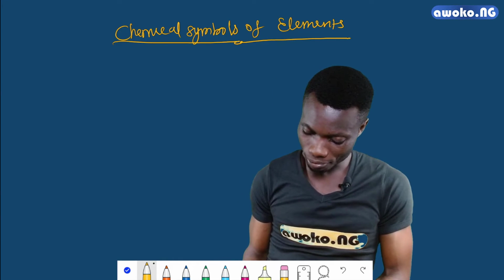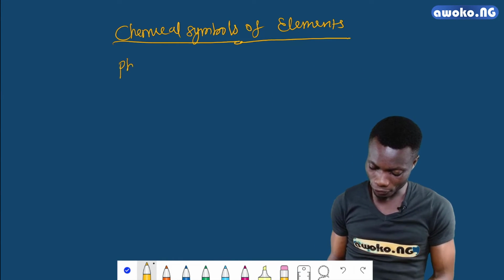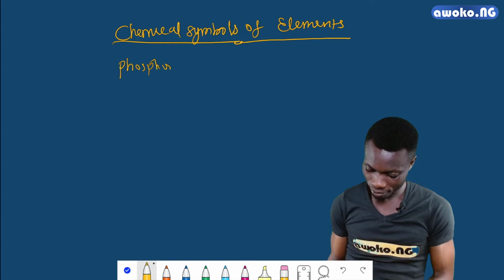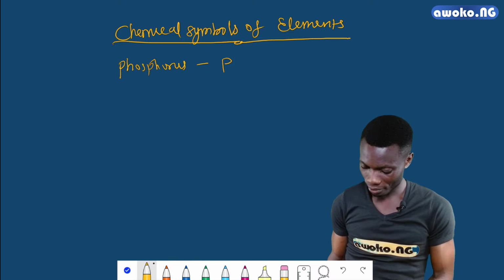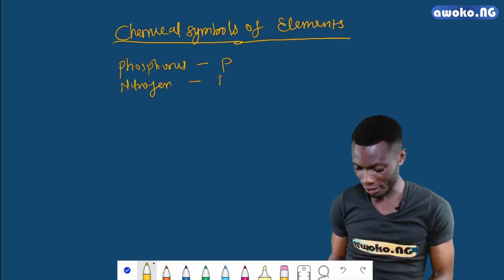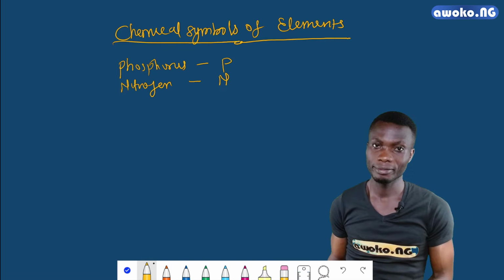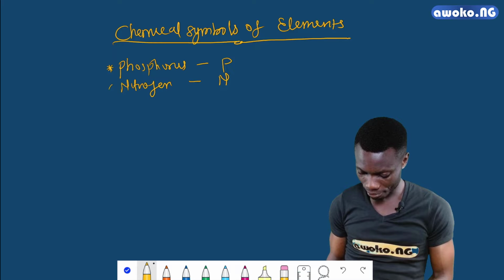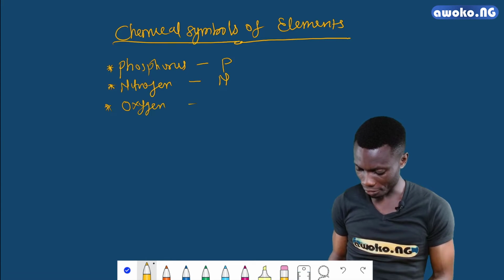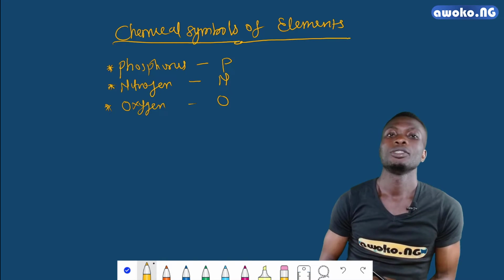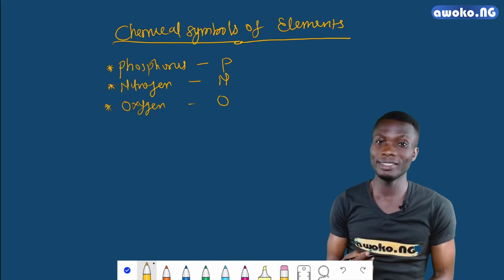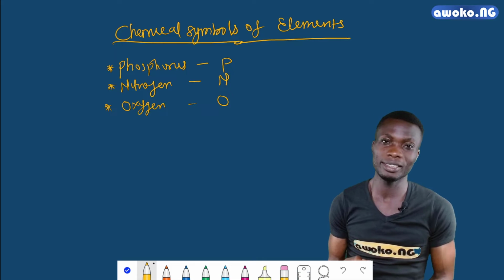So for example, phosphorus has a symbol P. We have nitrogen having the symbol N. We have oxygen having the symbol O. So these are ways these elements are represented.